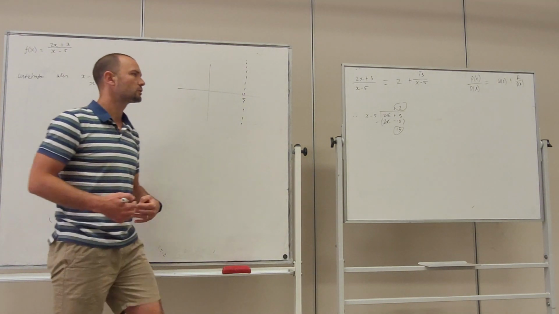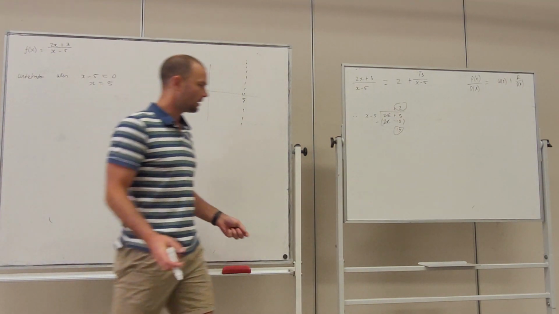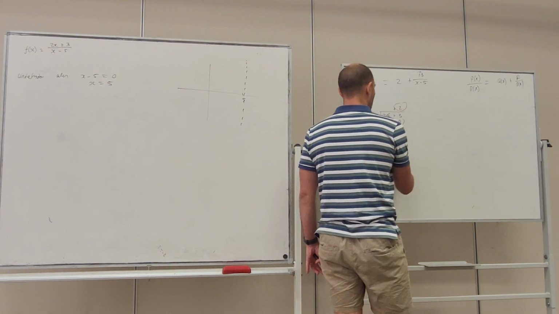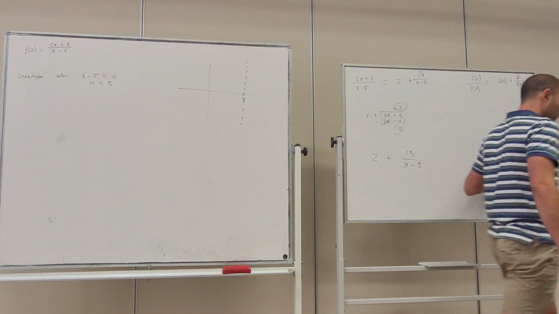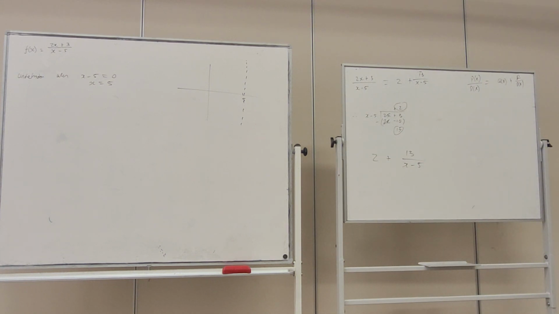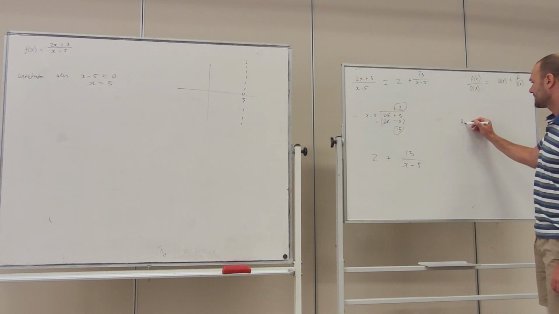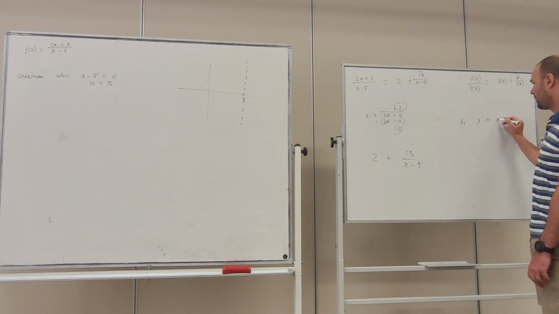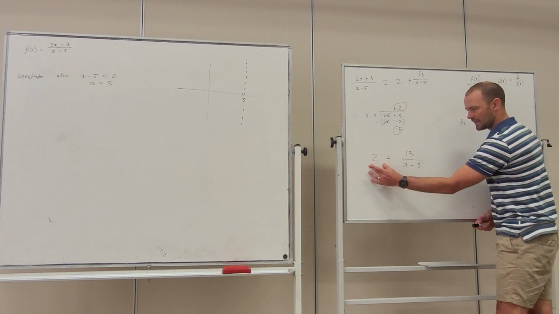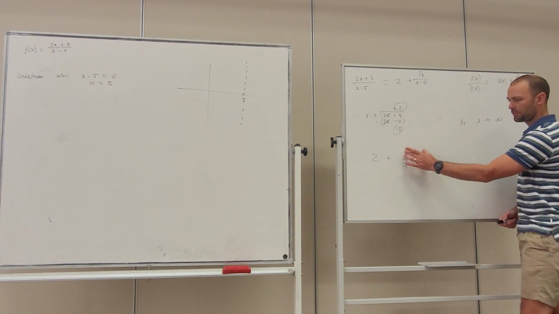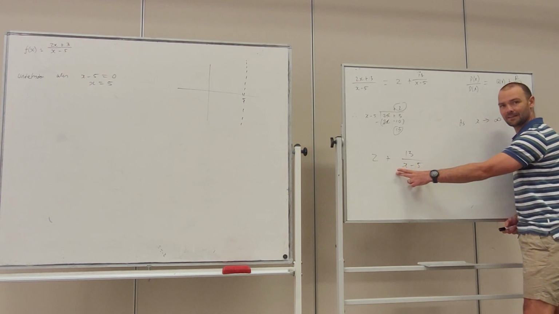Okay, now what's super good about this, alright, I've got 2 plus 13 on top of x take 5. We can really observe what occurs at the extremities of the function. So let's make the case. As x approaches positive infinity, alright, this part is going to stay as 2, and over here we're going to have 13 divided by infinity.